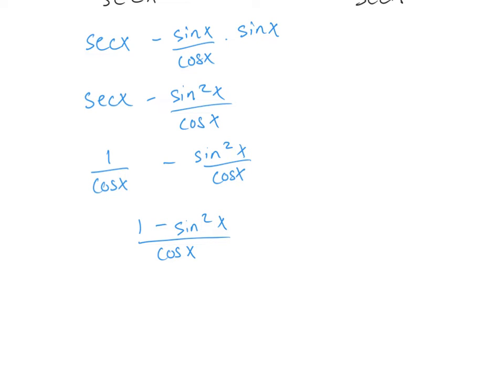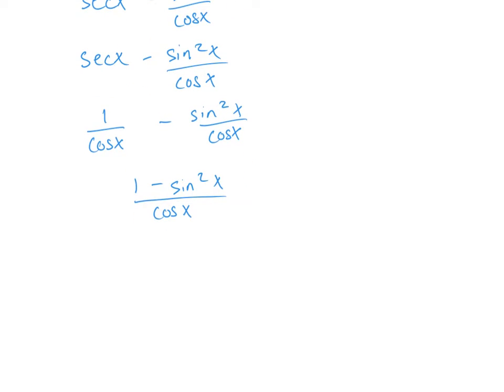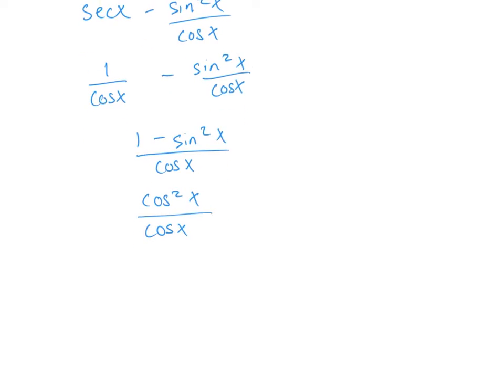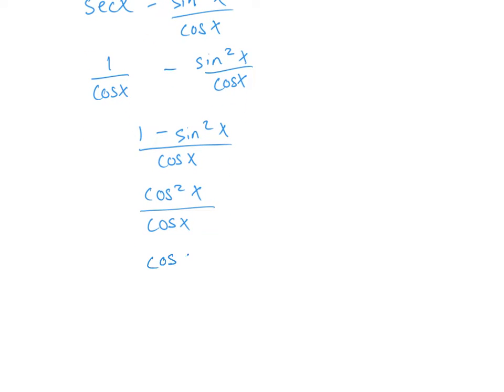And 1 minus sine squared of x, remember our Pythagorean identities, is the same thing as cosine squared of x. And cosine squared of x over cosine of x, we can reduce to just plain old cosine of x.